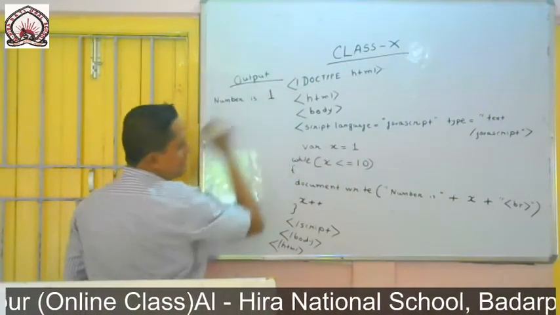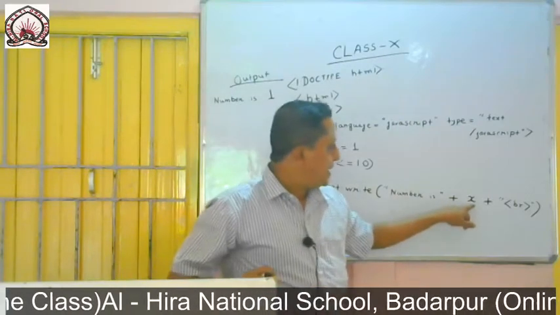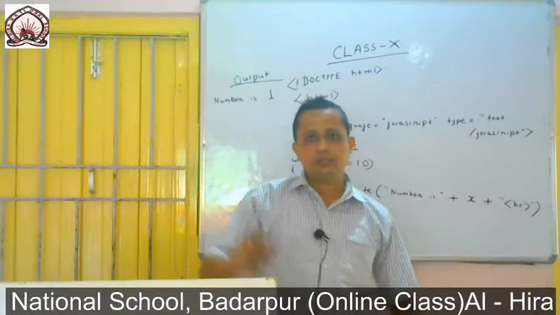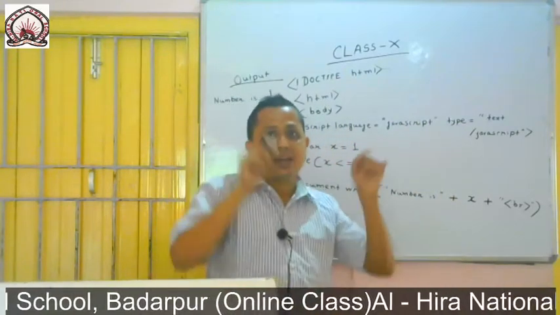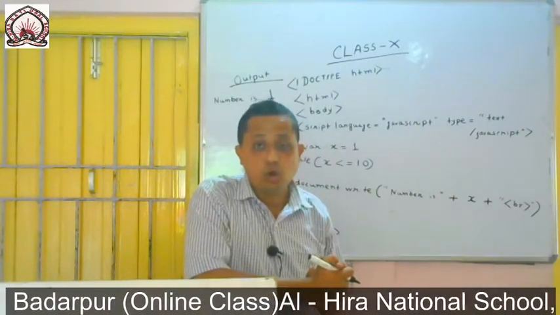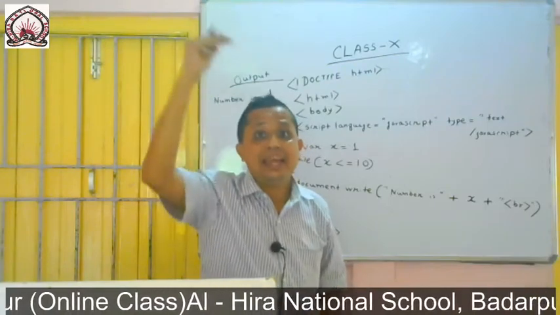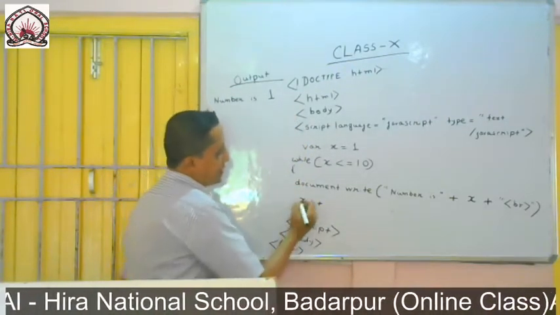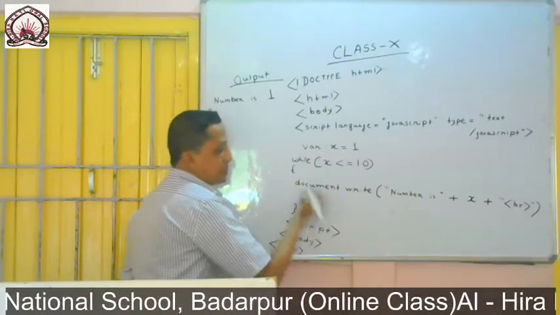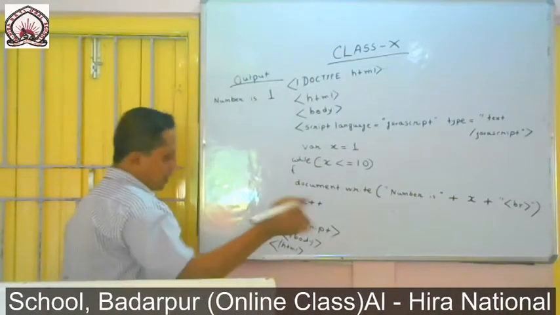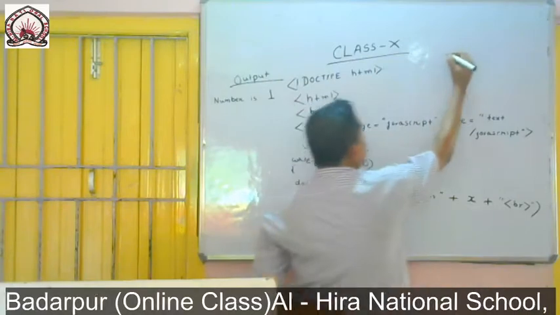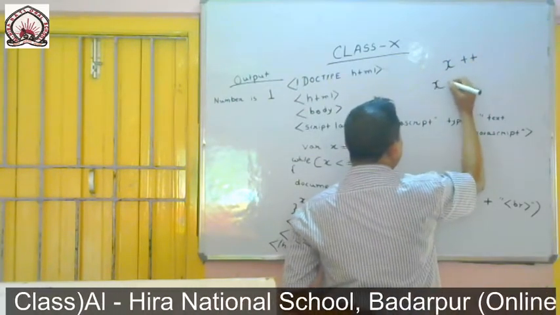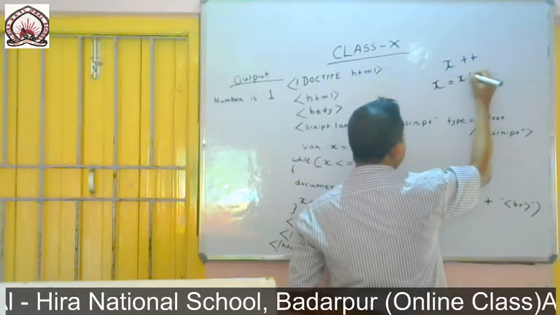Number is 1. After that we have the br tag. The br tag is used for breaking the line, so it will come to the next line. Next you see x plus plus. As I have told you earlier, x plus plus means x is equal to x plus 1.